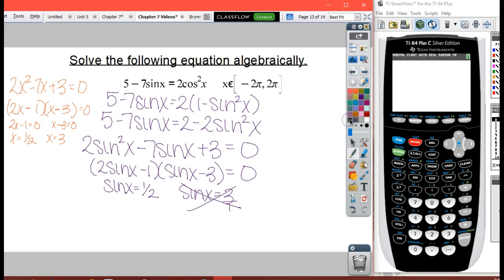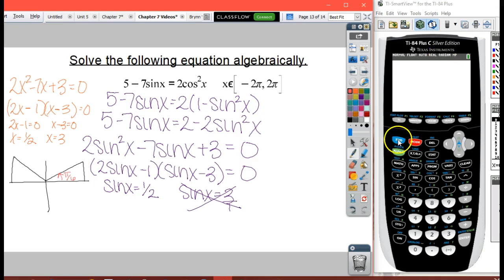So from here, I know that I'm going to get all 4 of my answers by finding where sine is 1/2. I know that sine is positive in the first quadrant and in the second quadrant. If you look to your unit circle, you'll find that sine will be 1/2 at pi over 6. But let's say you didn't think to look on your unit circle.